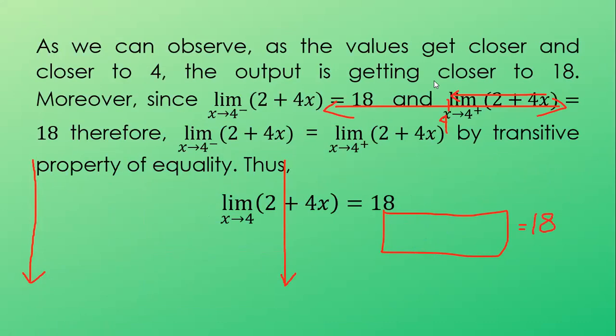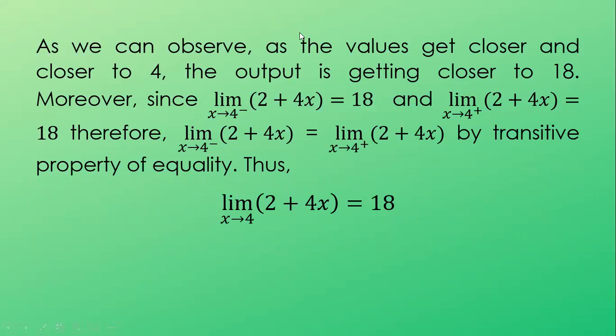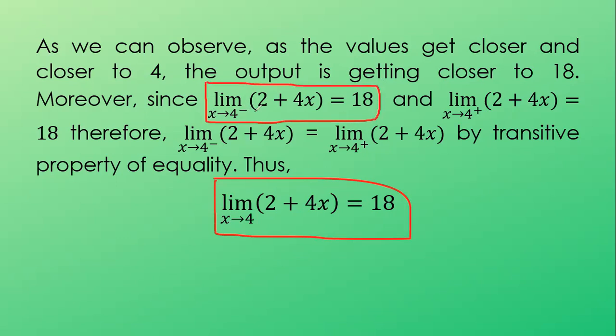So thus, we can conclude, ayan, so the limit of 2 plus 4x as x approaches 4 is equal to 18. So dapat, sinasabi lang dito, dapat ang limit from the left and from the right of our function must be equal to each other, okay?